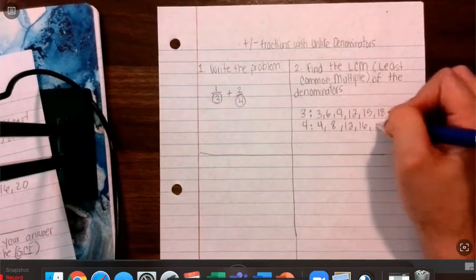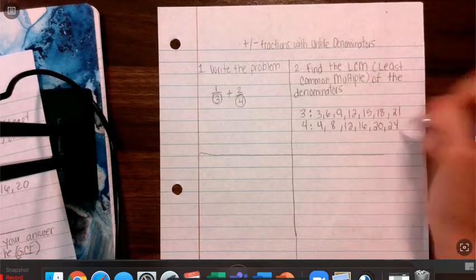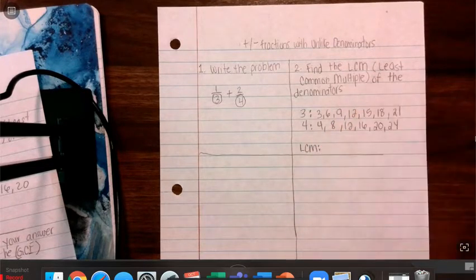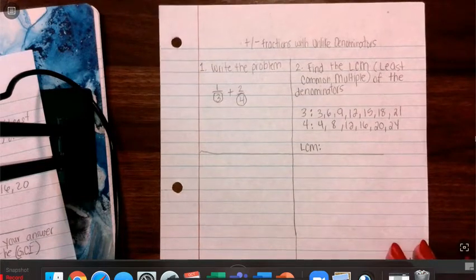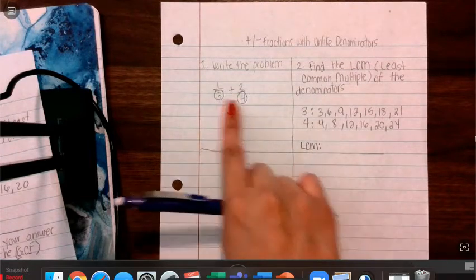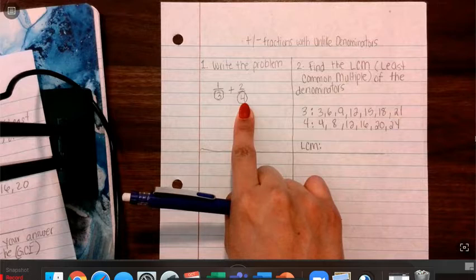We'll stop here. Now I want you to take a moment and think about, what is the LCM? The least common multiple. The multiple that they both have in common, that both 3 and 4 have in common, that's the least, the smallest.